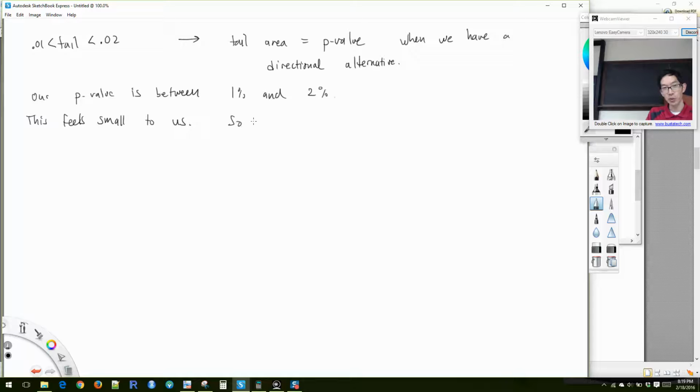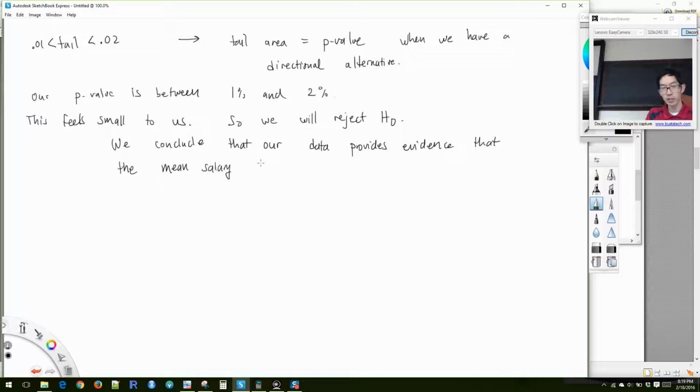So we will reject the null hypothesis, and we conclude that our data provides evidence that the mean salary for women is lower than the mean salary for men.